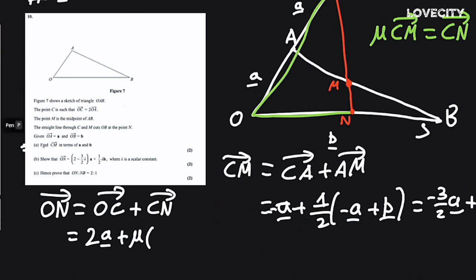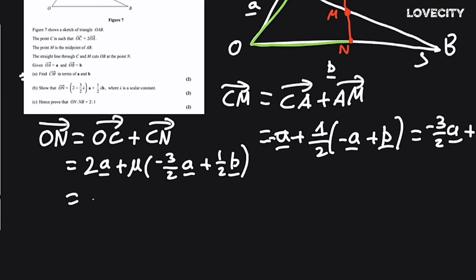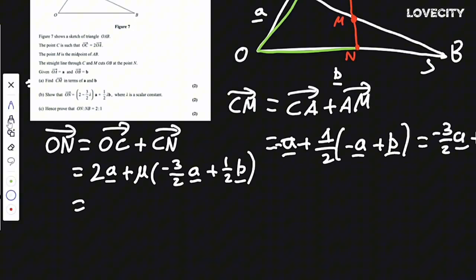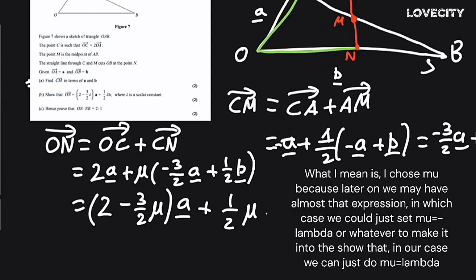We want to try and involve part A. So that's how we've involved part A. So this is mu multiplied by minus 3 over 2 a plus a half b. And well, expanding this all out, we do in fact get part B. So if we factor out the a's, we have 2 minus 3 over 2 mu, that's our a's, and then we have a half mu b.